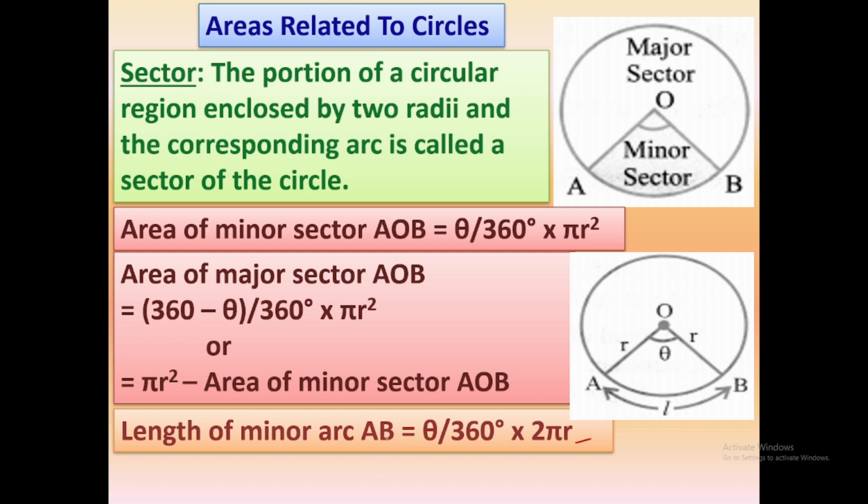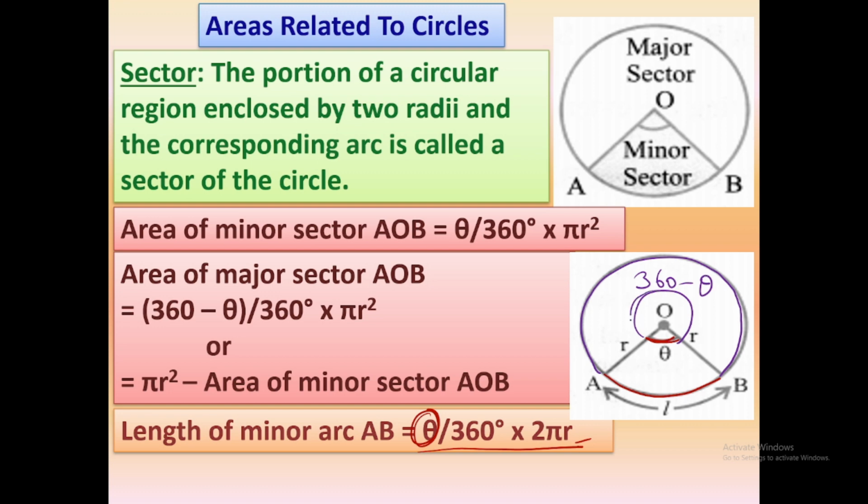To find the length of the major arc, what are we going to do? The formula remains the same, only this theta will change. Because for this minor arc, if the corresponding angle is theta, then for this major arc the angle will be 360 minus theta.